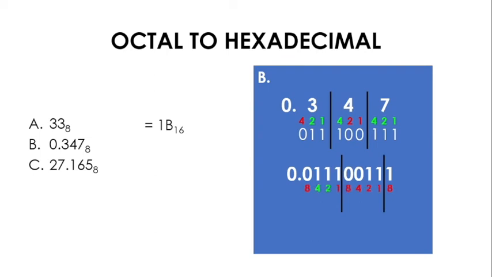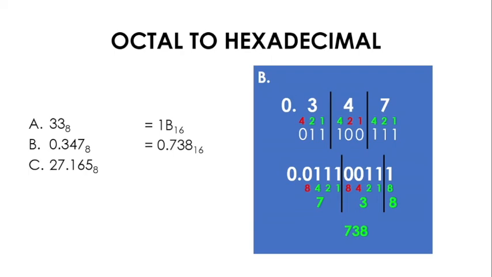So the hexadecimal equivalent of 0.011100111 is 738. So the answer for this example is that the hexadecimal equivalent of 0.347 octal is 0.738 hexadecimal.